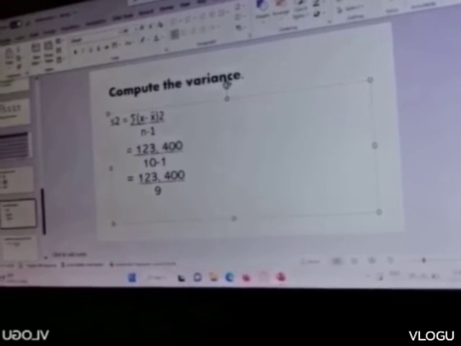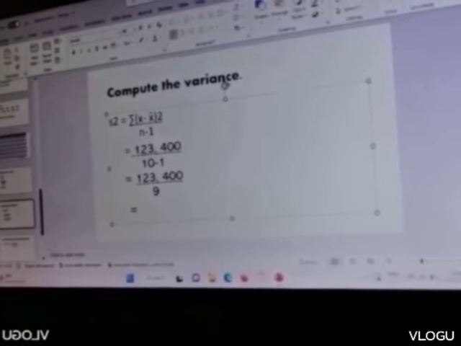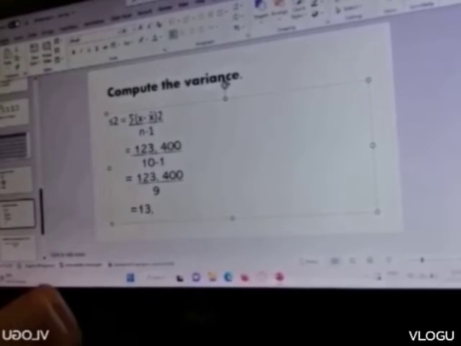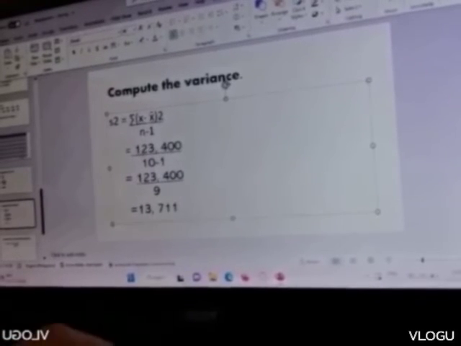The variance is 123,400 divided by 9 is equals to 13,711.11. So that is the variance.